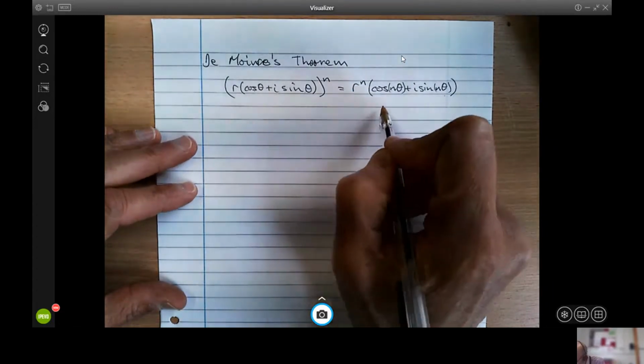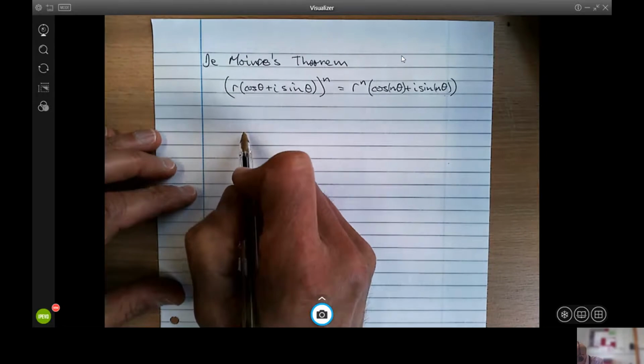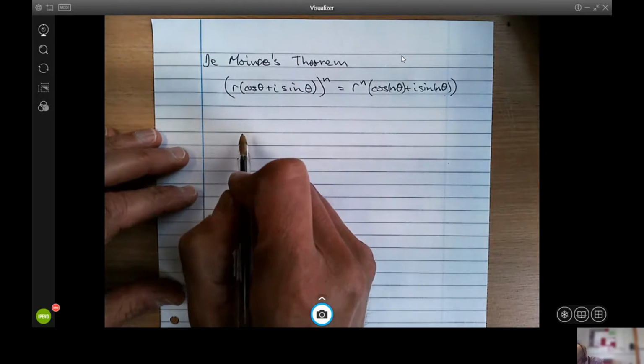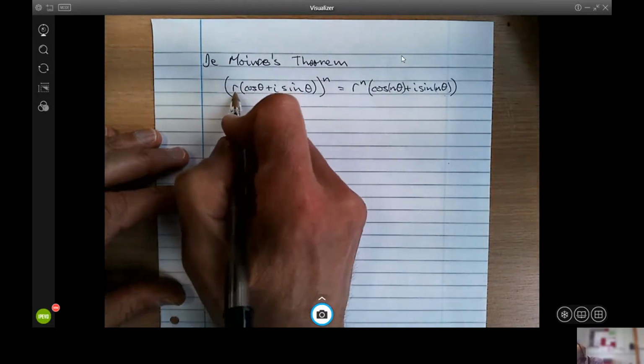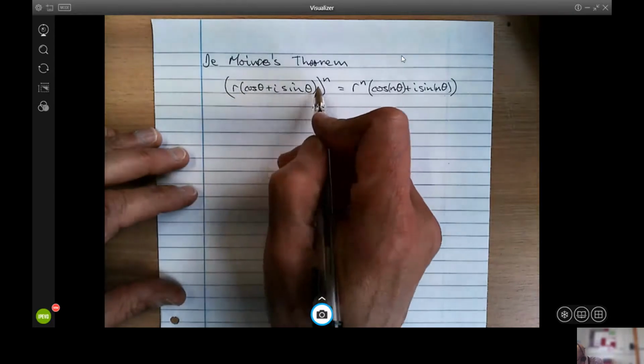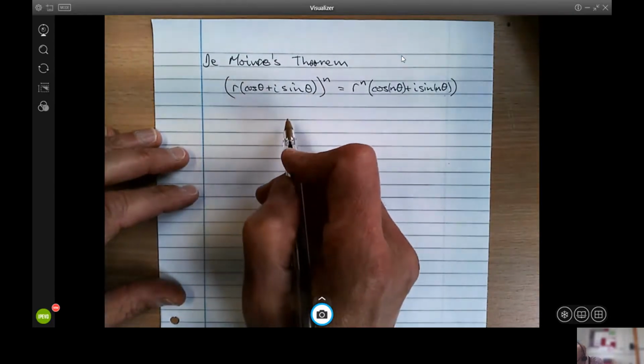Now we'll just see why that is, or prove that, by writing (r(cos θ + i sin θ))^n in exponential form.